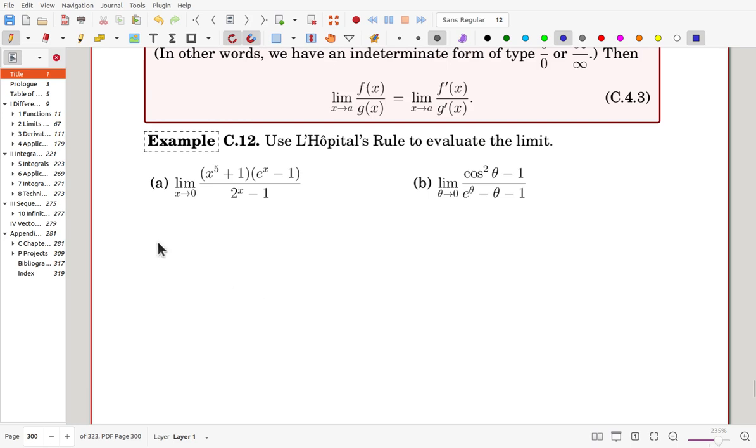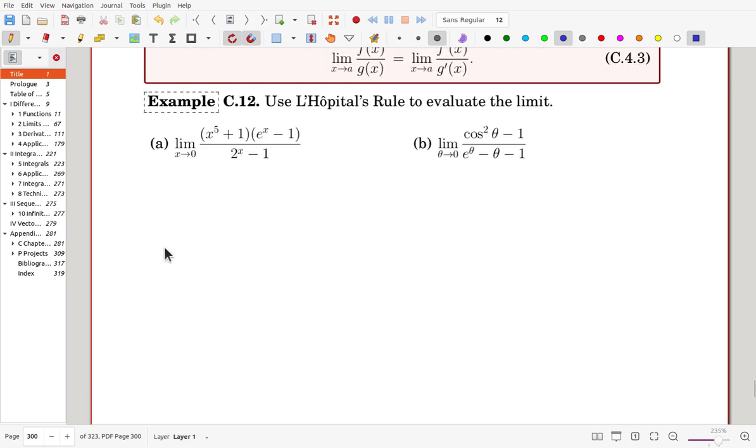Okay, let's try to solve this problem. As x approaches 0, this is approaching 1, and that is approaching 0, so the numerator is approaching 0. Also, we can easily see that the denominator approaches 0.